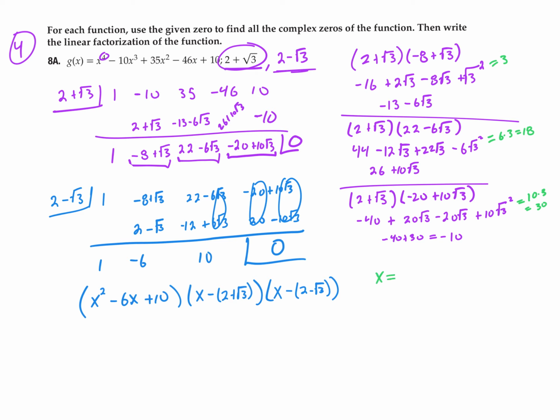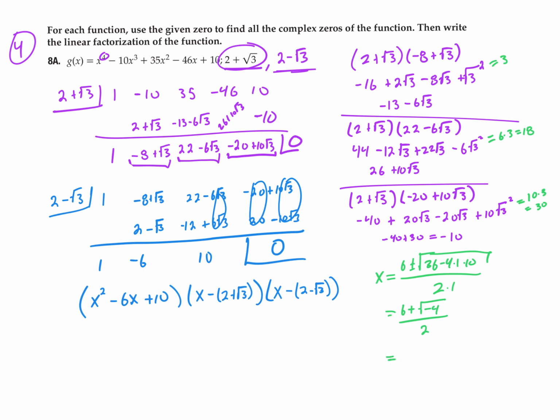negative b plus or minus the square root of b squared minus 4 times a times c, all over 2 times a. That gives me 36 minus 40, square root of negative 4.